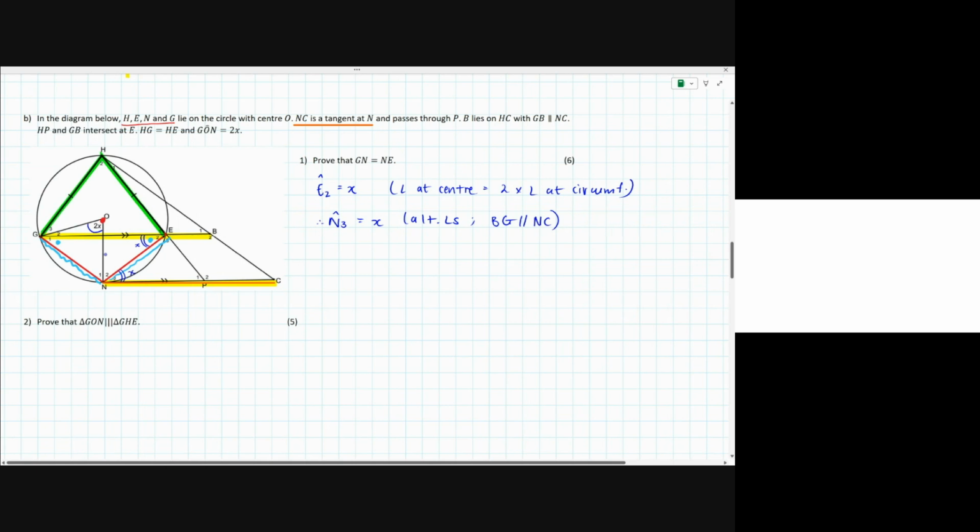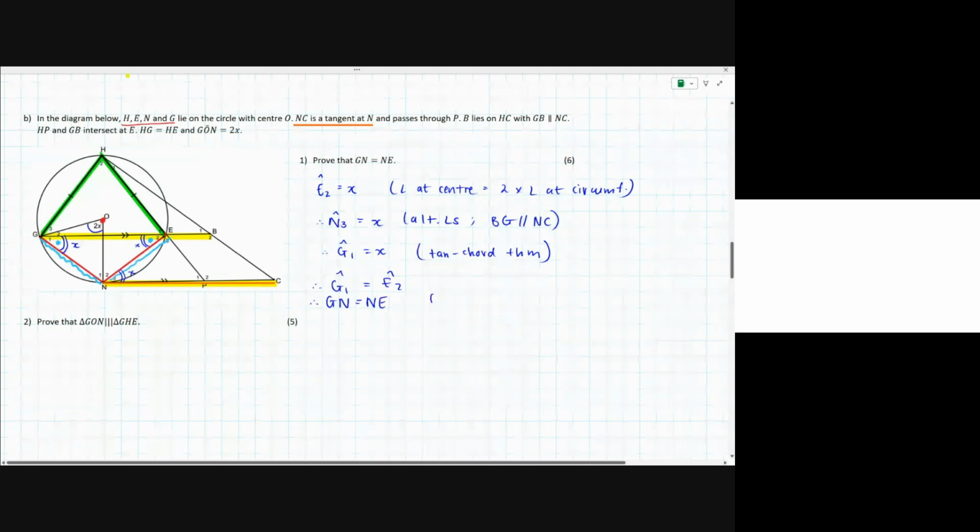And then finally, because of our tangent NPC, we have tan chord theorem, which means G1 is also equal to x. And so therefore G1 is equal to E2. And so therefore GN has to be equal to NE because of sides opposite equal angles.